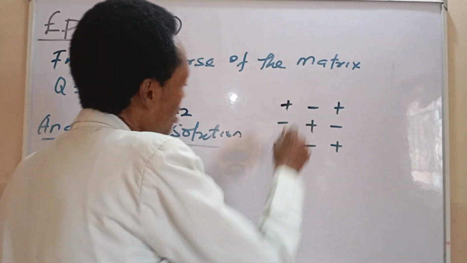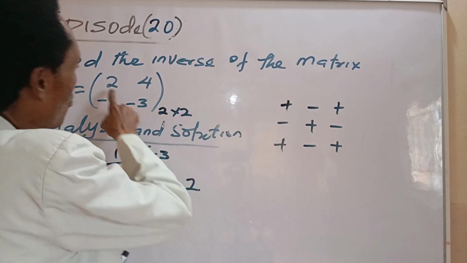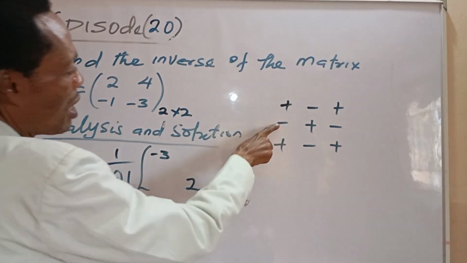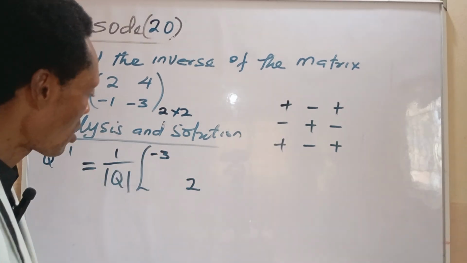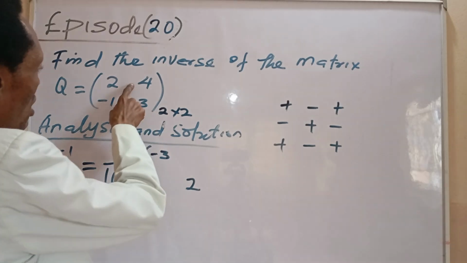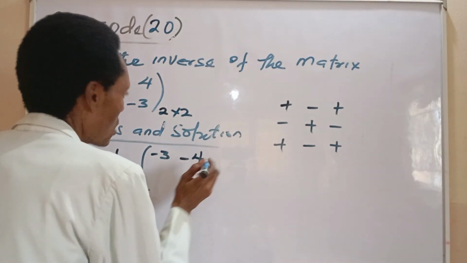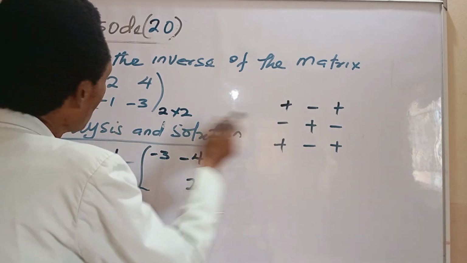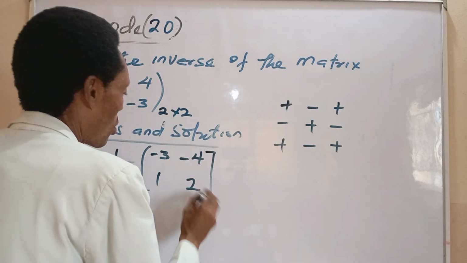This is a 2 by 2 matrix, so our first element will be plus, the second one will be negative, this one will be negative, then this one will be plus. Based on that, if this one is negative, you assign it negative, and negative will turn to plus.